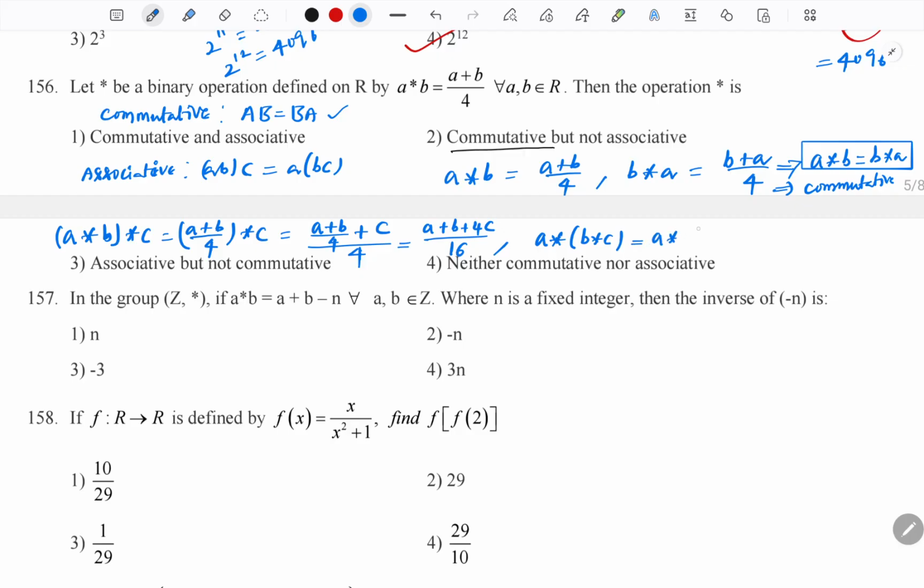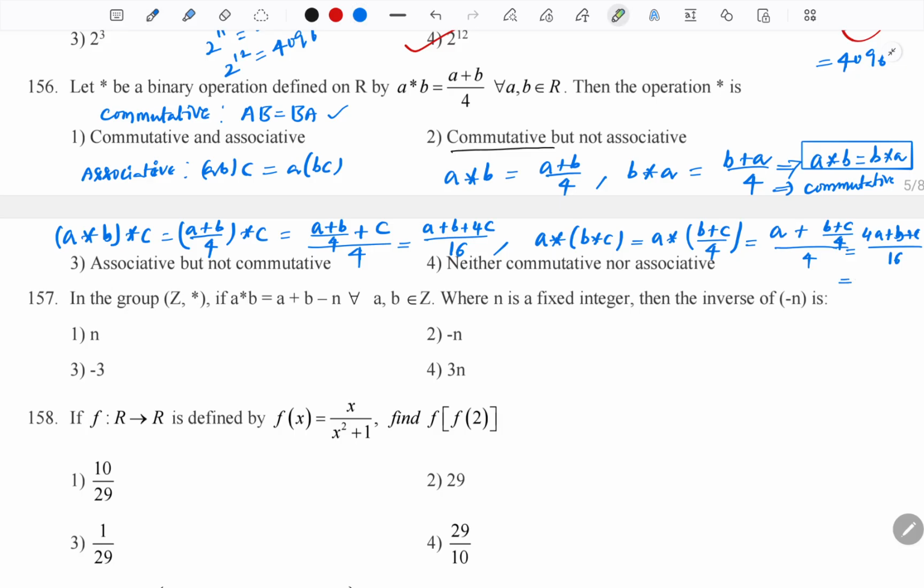What is the B star C answer? B plus C by 4. Then if I apply the binary operation one more time, A plus B plus C by 4, divided by 4. Then how much does this answer go to? 4A plus B plus C by 16.